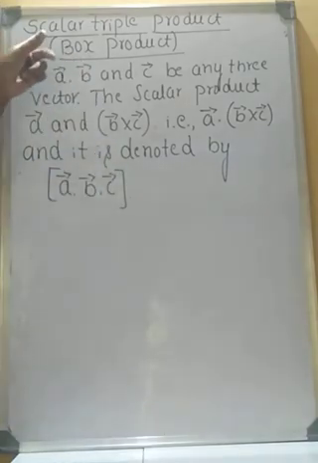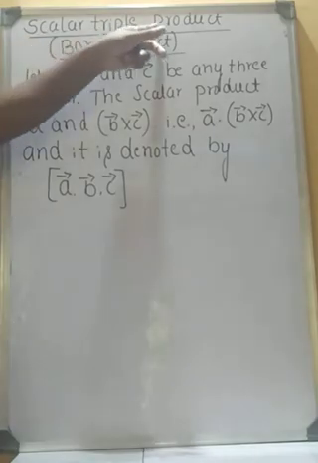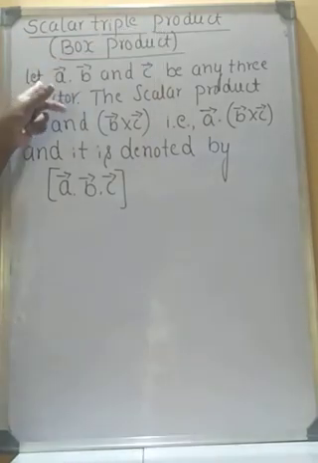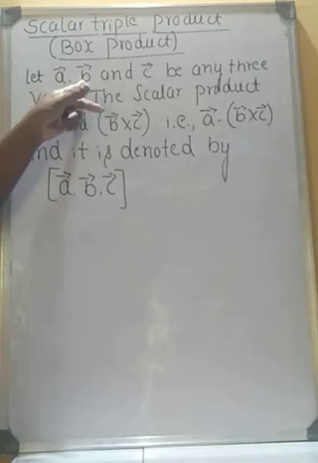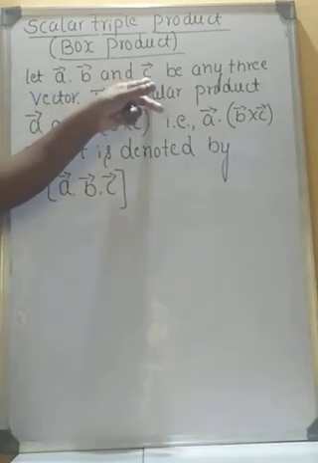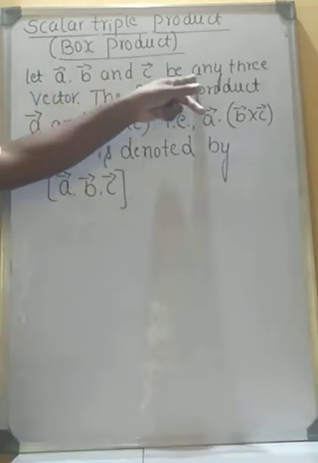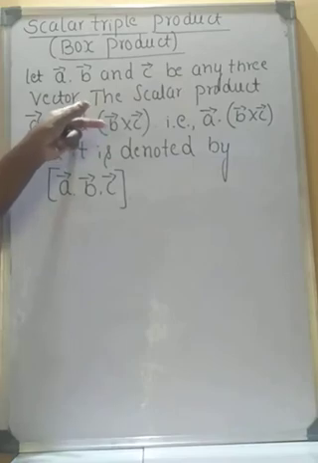The definition of scalar triple product: let vector A, vector B and vector C be any three vectors.